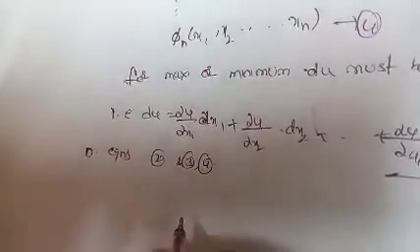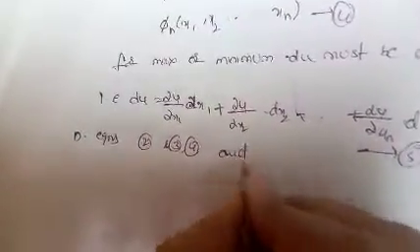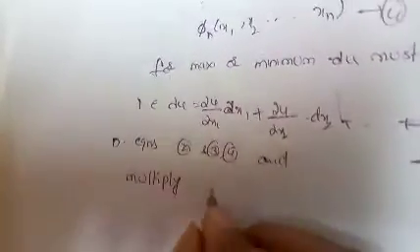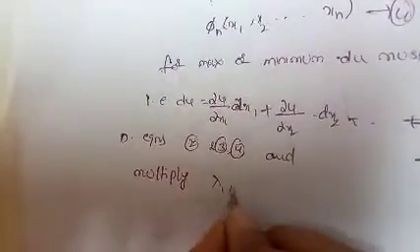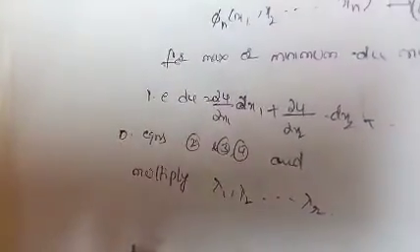Differentiate equations 2, 3, 4 and multiply the relations with lambda 1, lambda 2 and so on lambda r respectively.